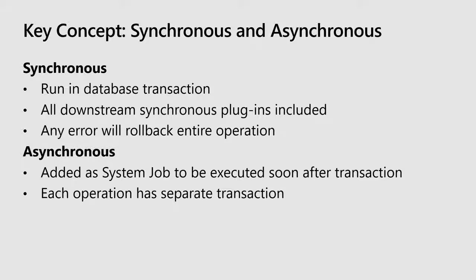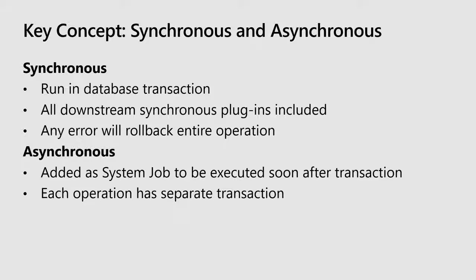One of the key criteria that we need to keep in mind when we're working with plugins is plugins can run synchronously or asynchronously. And I think we all understand what synchronous and asynchronous means in a general term. I want to make sure that everybody understands that when we talk about a synchronous operation in the common data service, we're talking about something that works within a database transaction.